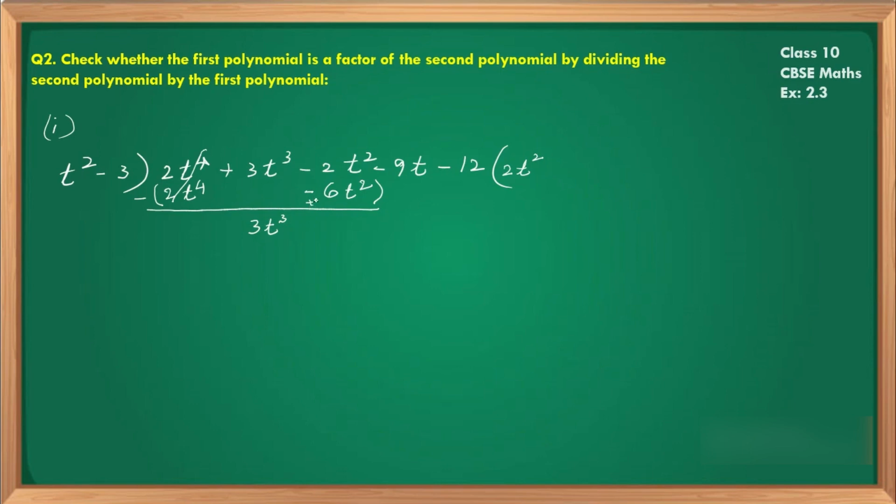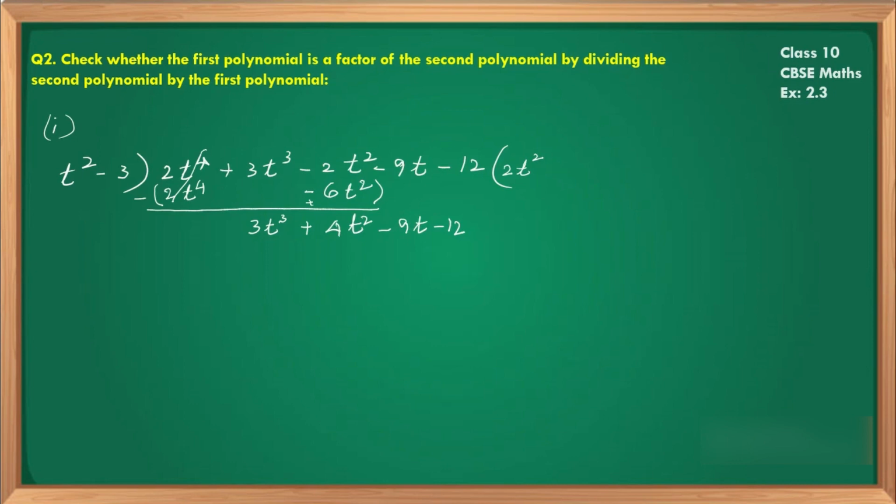Now the difference is plus 6t square minus 2t square. You get plus 4t square. The rest, minus 9t and minus 12, we have to write down as it is. Minus 9t minus 12. Right?